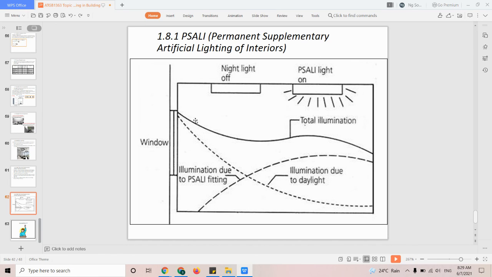So this is to ensure that in the room, the total level of illuminance is up to the level of requirement.